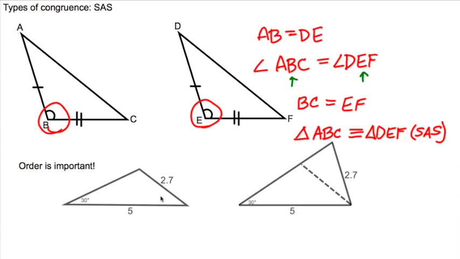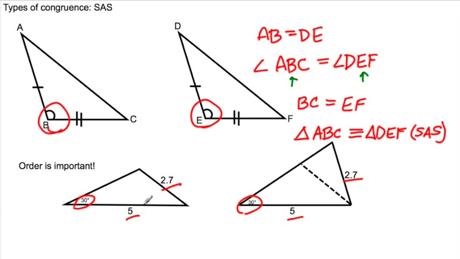Let's take a look at these two triangles. Here I have two separate triangles and the angle is not in between the two sides. I have side length 5 over here, side length 5 over here. That's the same, side length 2.7 and 2.7, and angle 30.